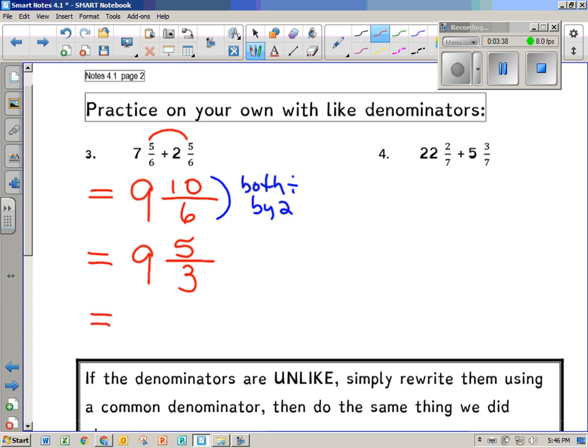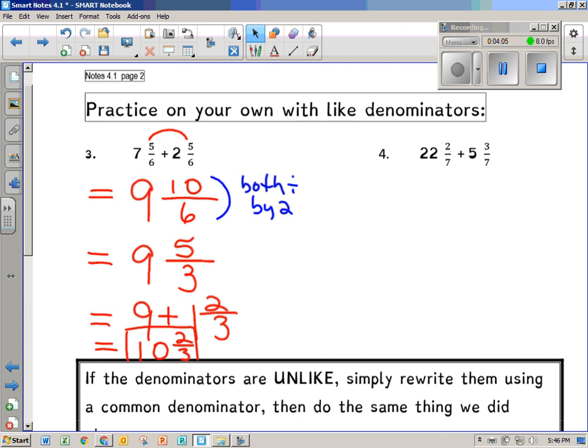You're not finished because 5/3 is improper, so keep the 9 and add this mixed number, which would be 1, because 3 goes into 5 once, with 2 remaining. So 2 over, keep the same divisor. And then 9 plus 1 is 10, and then you can just tack on the 2/3.